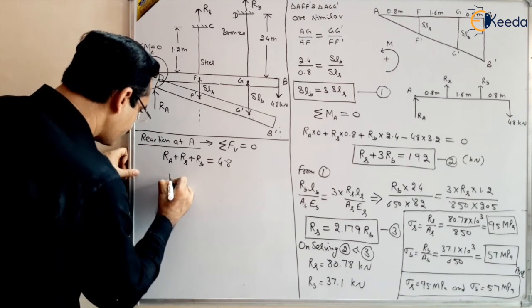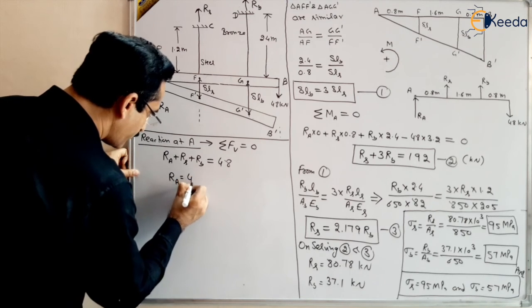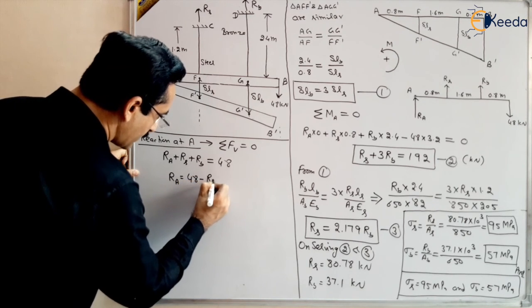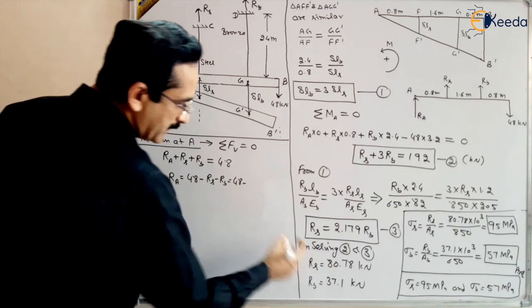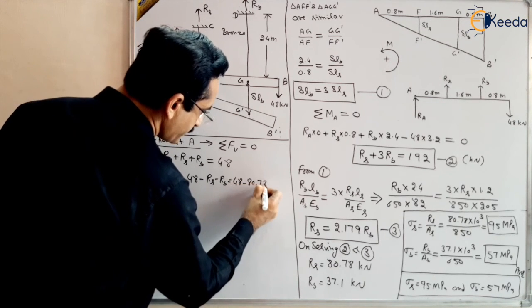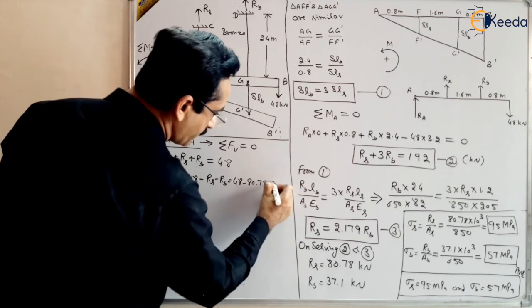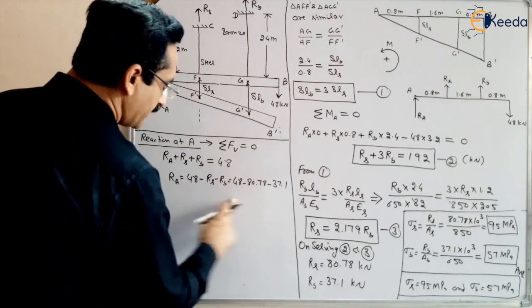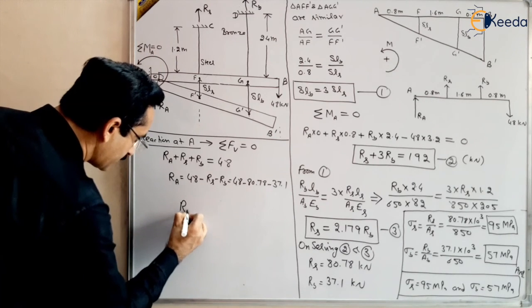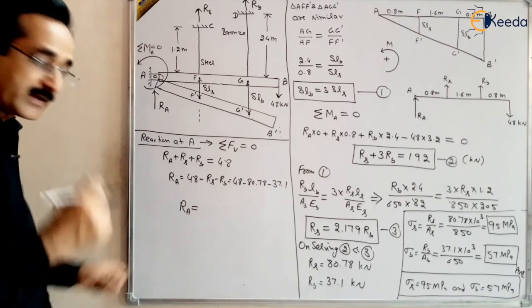So RA will be equal to 48 minus RS minus RB, that is 48 minus 80.78 minus RB, which is 37.1, right?